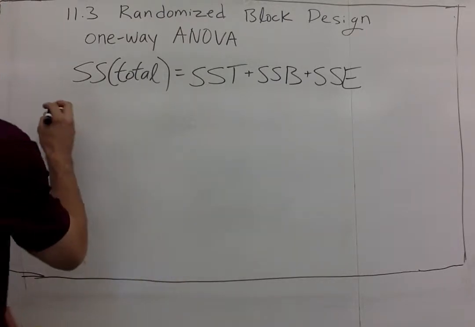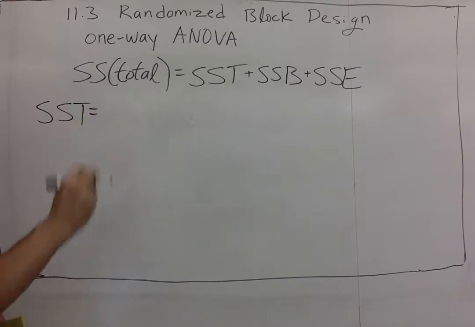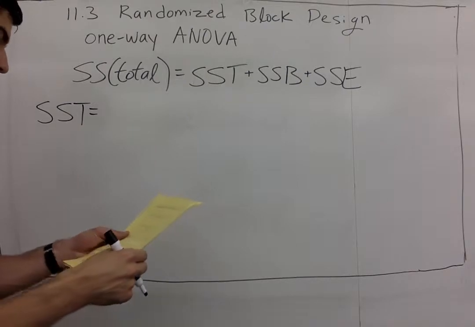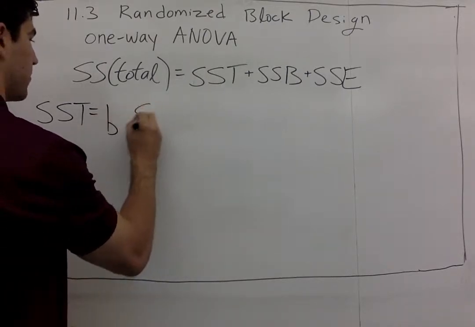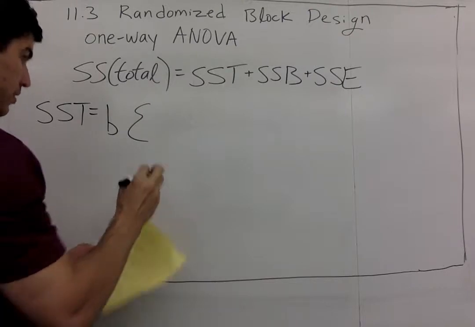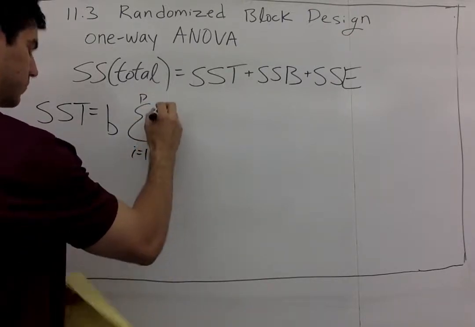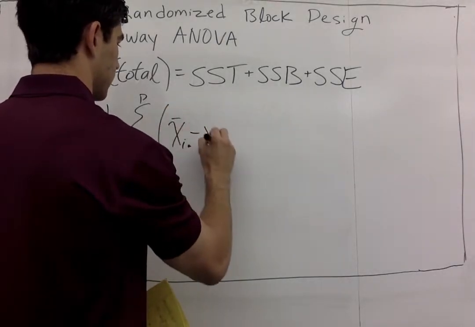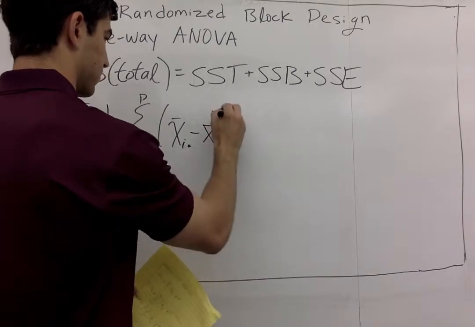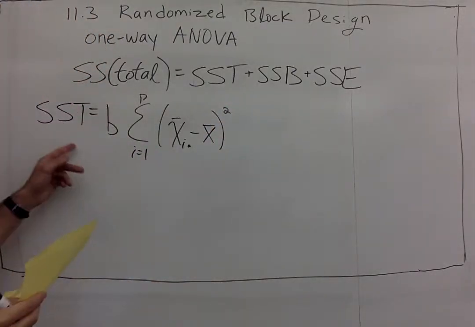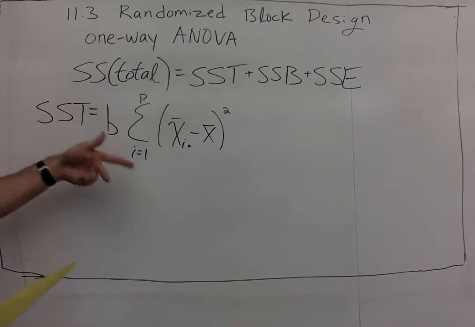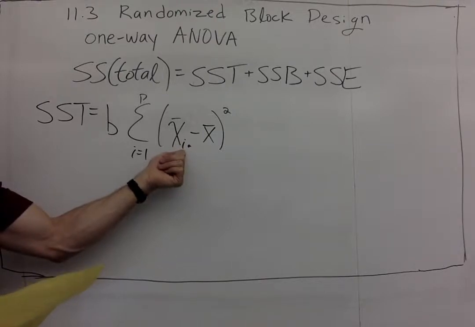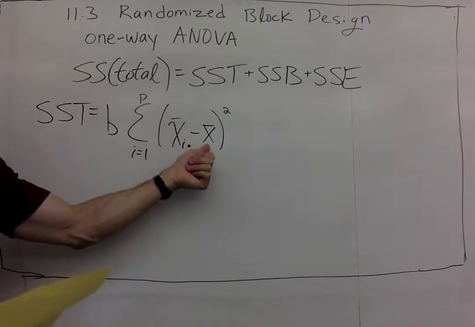And there are some longer formulas for these. Because it's a randomized block design, the formula is going to be different than the SST formula you had before. So SST is equal to B, the number of blocks, times the sum of each factor average minus the average of the whole problem, squared.